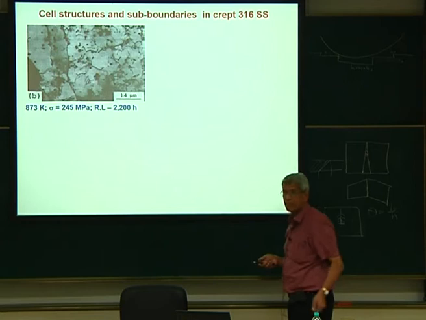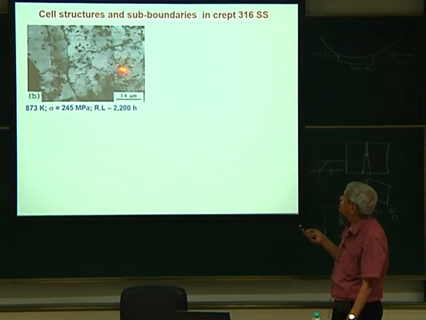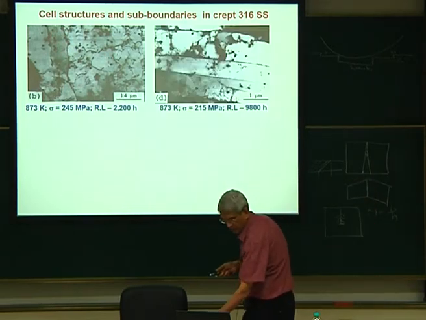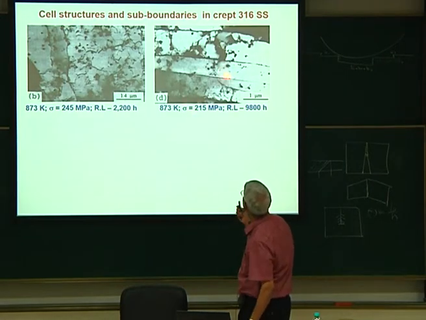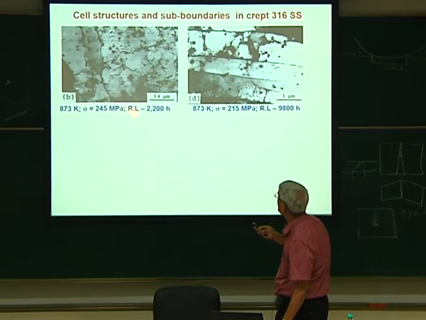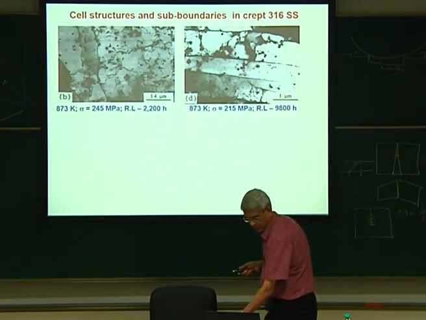When I raise the temperature here to 873 K, you can see that some sort of boundary is trying to form. These boundaries have an elongated shape; this is for 245 MPa and this is for a stress of 215 MPa.